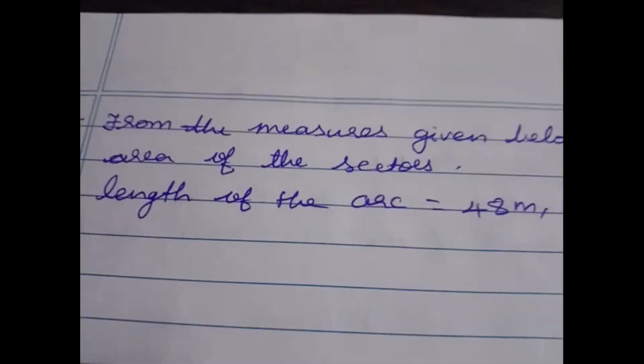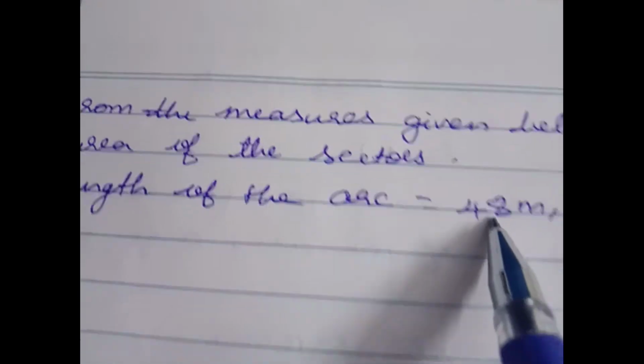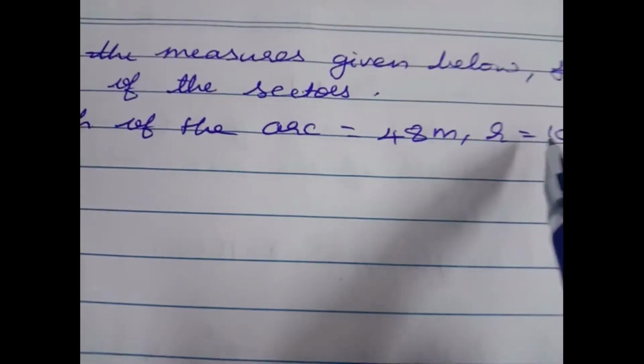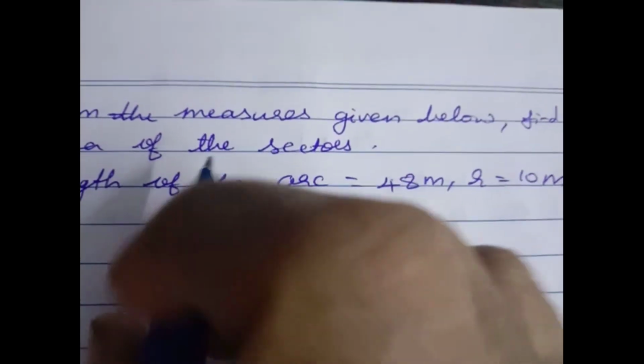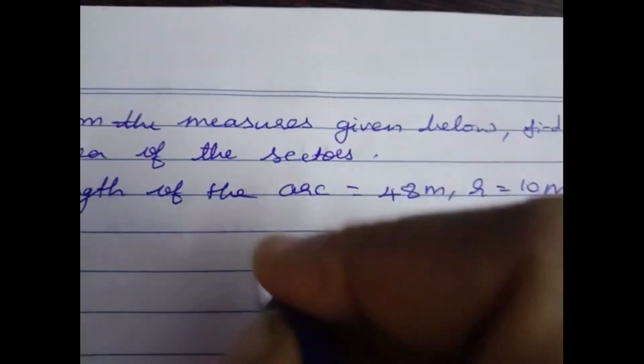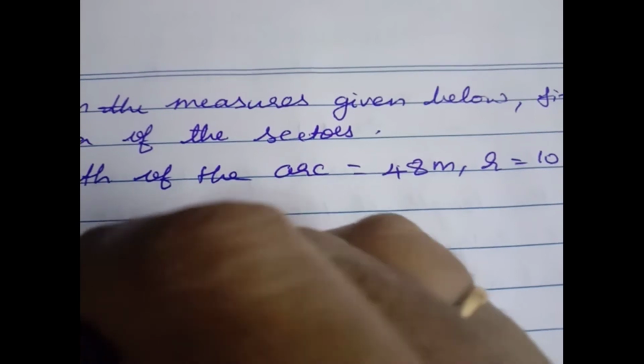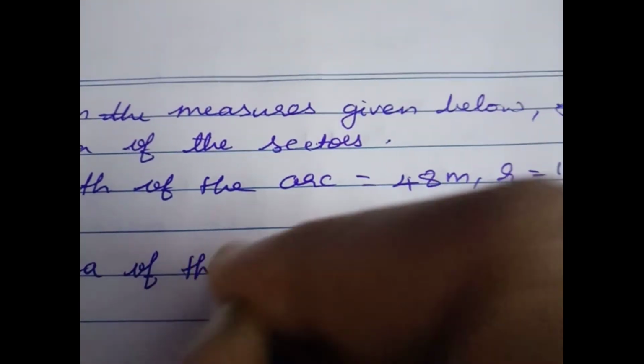Next, your fifth question. From the measurement given below, find the area of the sector. Length of the arc is equal to 48 meter and R is equal to 10 meter. Asked to find out the area of the sector.